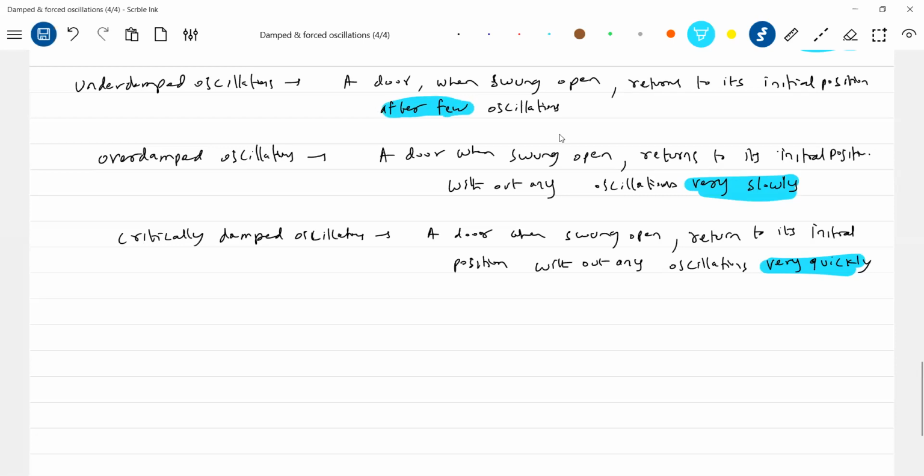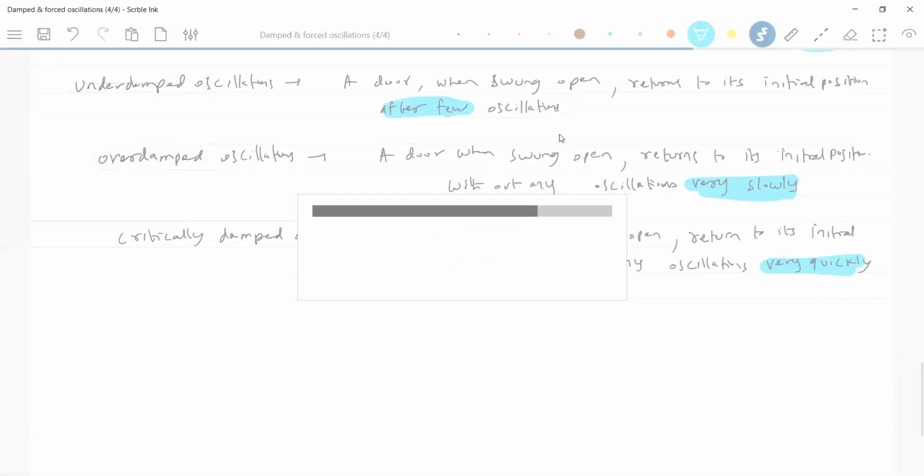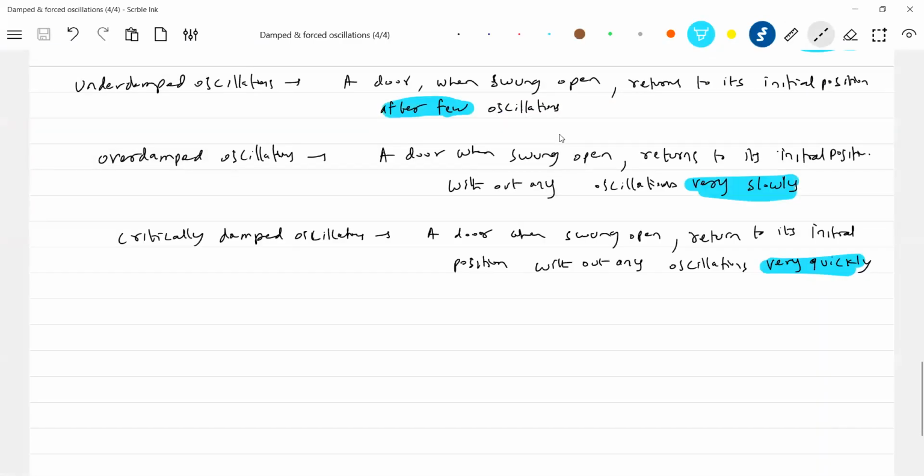Best example, the door. I think you might not have noticed there's a problem.